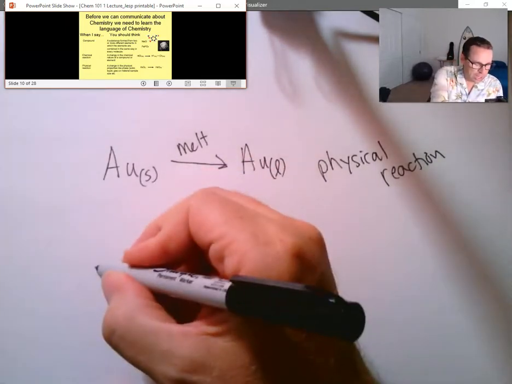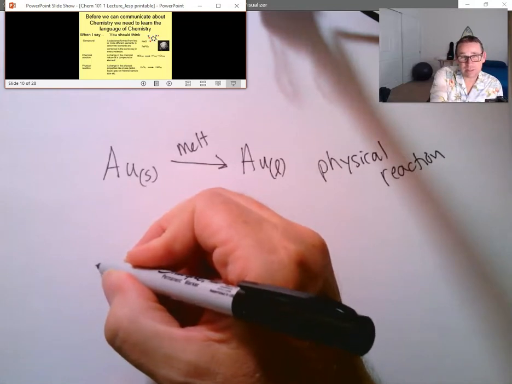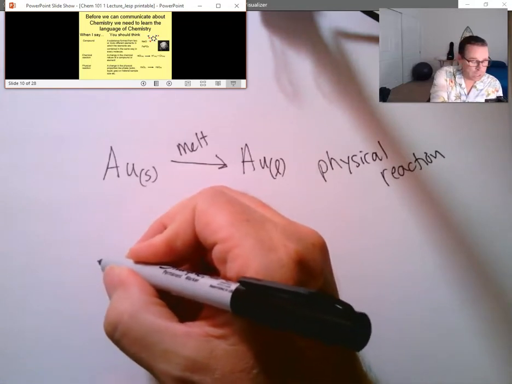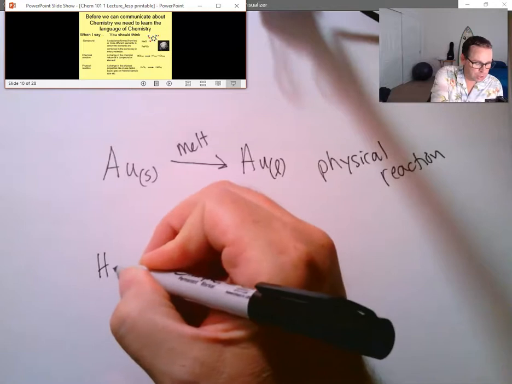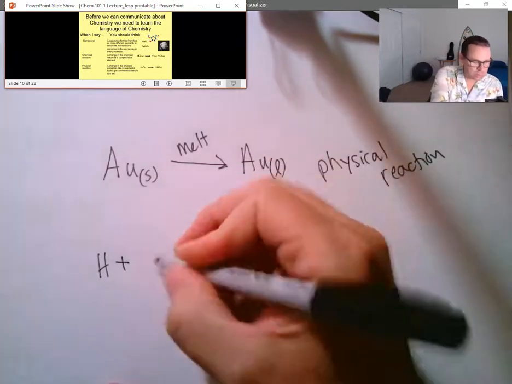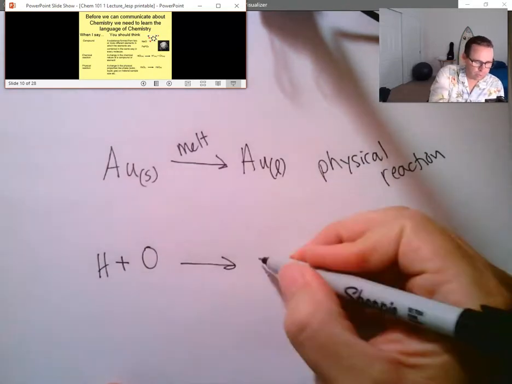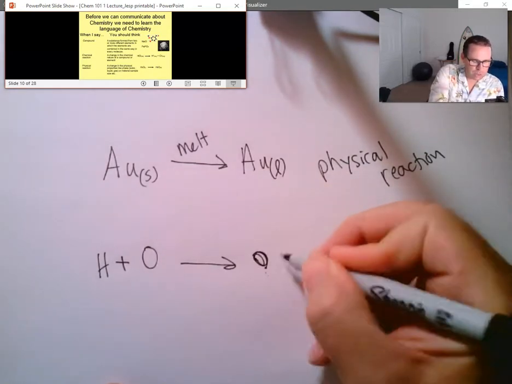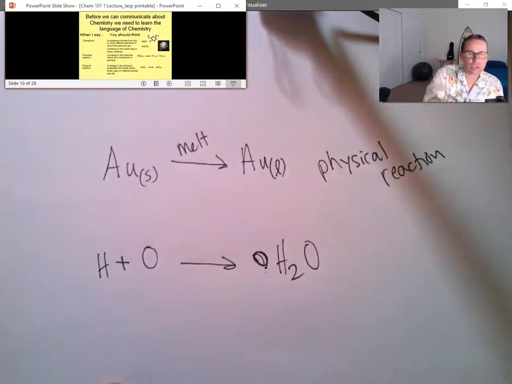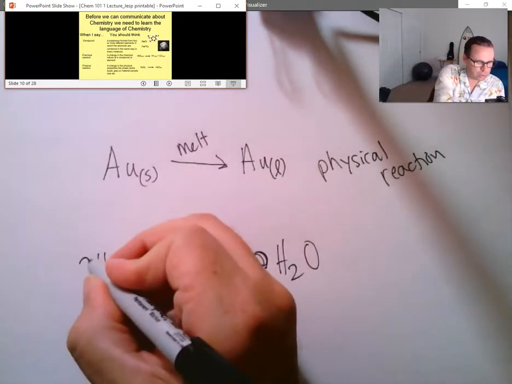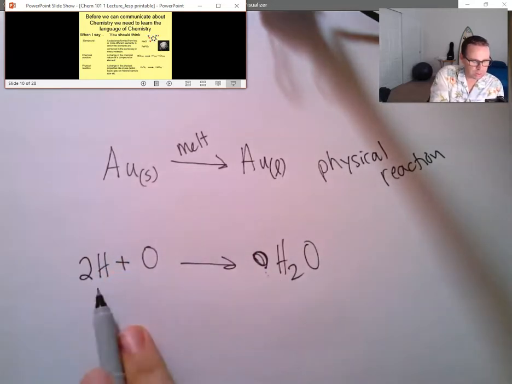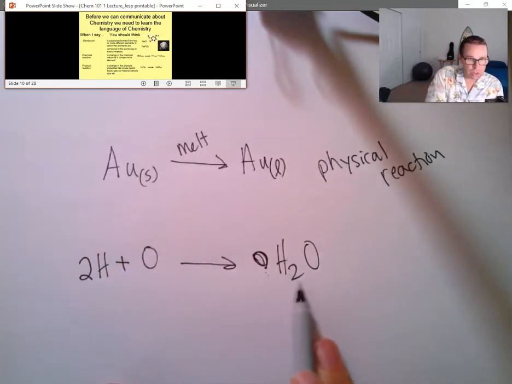A chemical reaction almost always has to deal with more than one kind of element, but here's an example for us. Taking hydrogen atoms, combining with oxygen atoms to form H2O, water. Now we haven't introduced balanced equations, but you might see, hey, there's two hydrogens on this side.